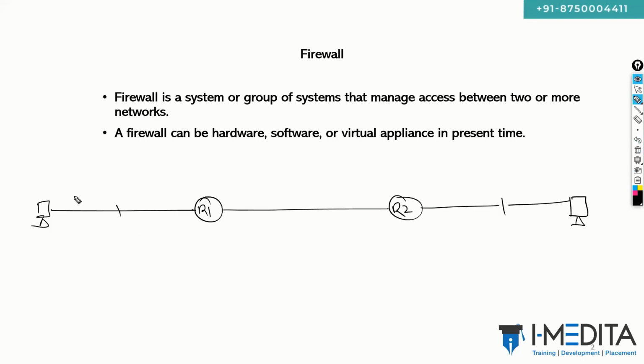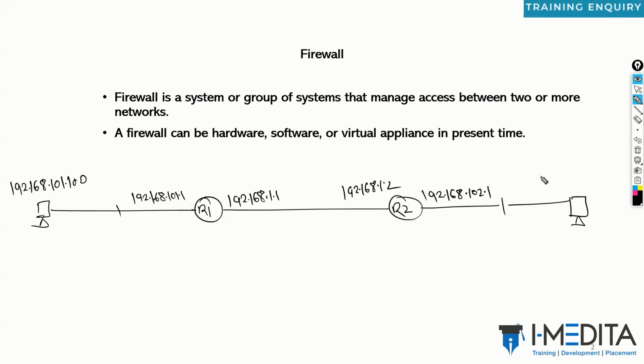For easy understanding, you can mention IP addresses: 192.168.101.100 here, 192.168.101.1, 192.168.1.1, 192.168.1.2, 192.168.102.1, 192.168.102.100. Clear? Clear.